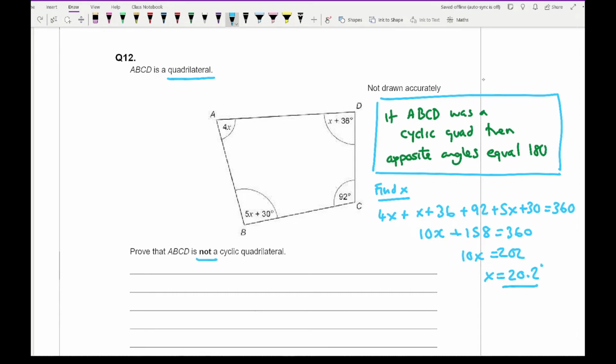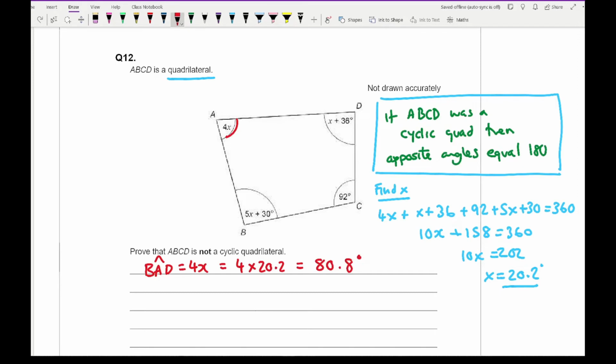So from this, let me just get rid of that little line there, just create a bit more space. Then if we look at angle A, that's probably the easiest one to look at. So BAD equals 4x, which equals 4 times 20.2, which equals 80.8 degrees.